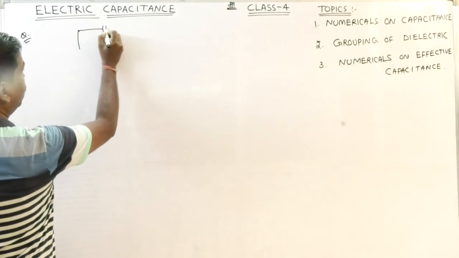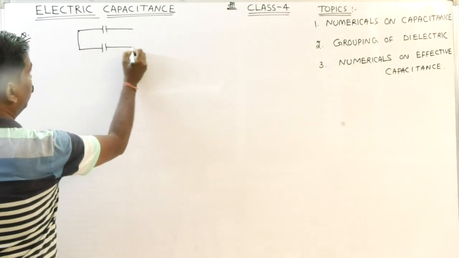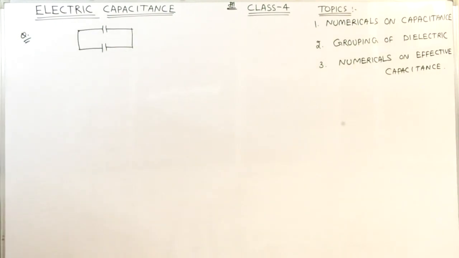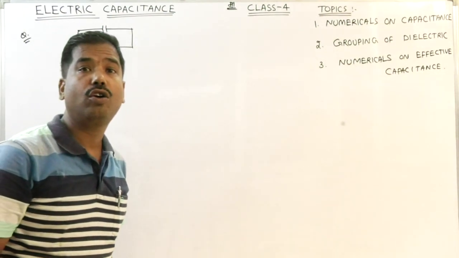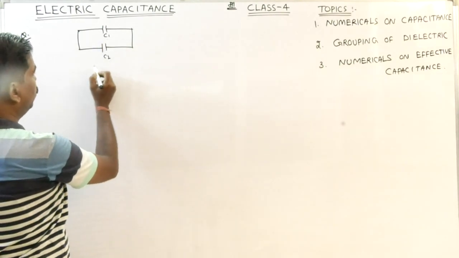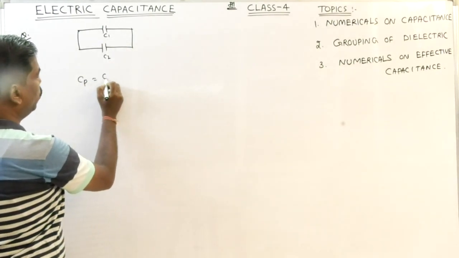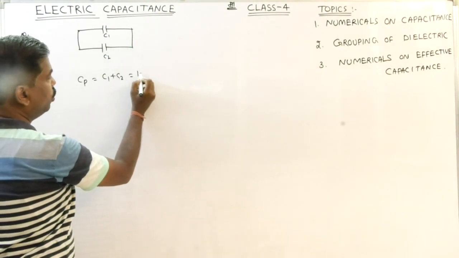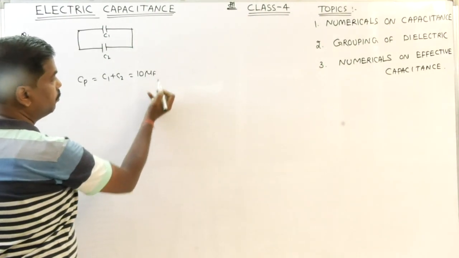When two capacitors, let us call them C1 and C2, are connected in parallel, Cp is equal to C1 plus C2, which is 10 microfarad.